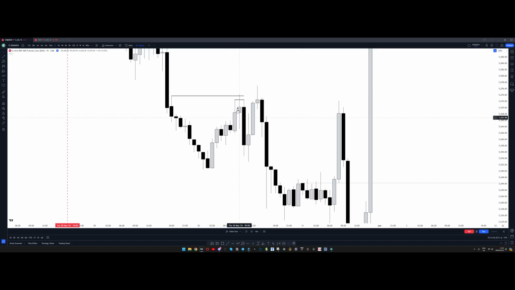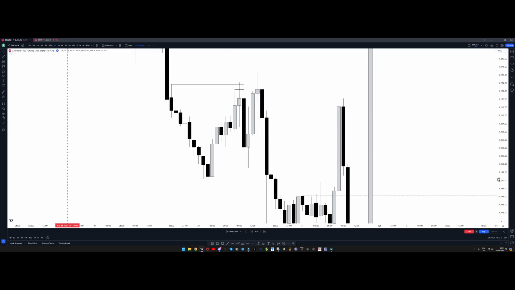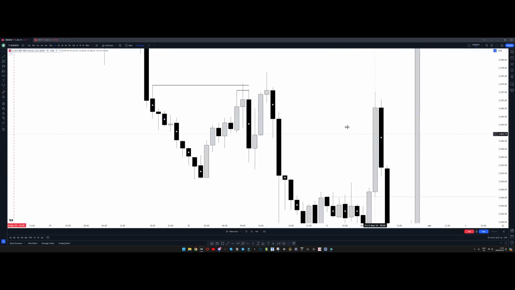We fail to close above the range candle, candle number 1, and we fail to close above the liquidity level and the range candle, or if you want to look at it as the bigger range and then the smaller range inside. Double confirmation. This is a high probability A class setup.